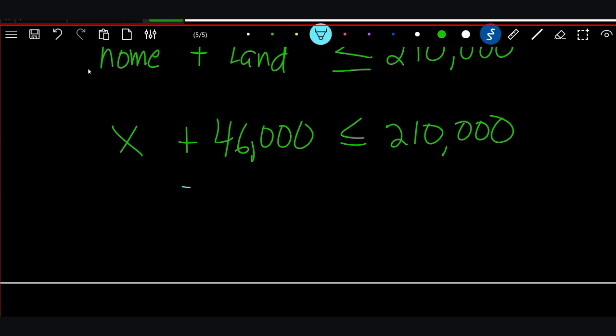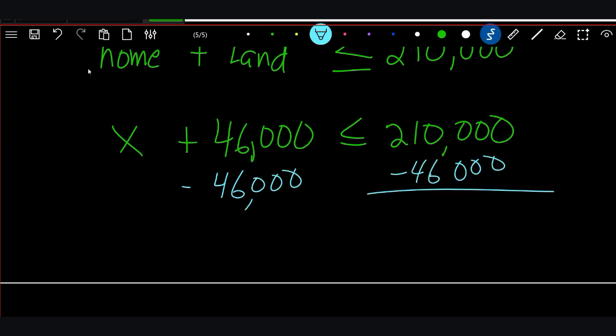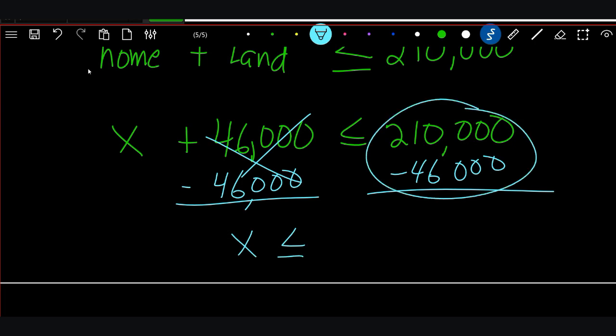What we would do is just solve it. Subtract 46,000 from each side, and this one's going to cancel. So we're left with X is less than or equal to, and then we just need to do the math there. If you have a calculator, you can do it on the calculator. It's fine.